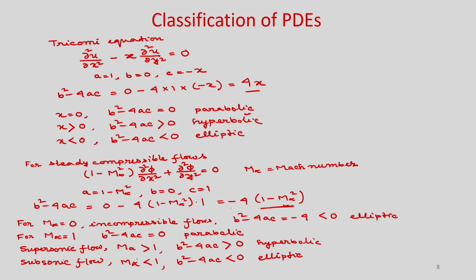But for supersonic and subsonic flow, depending on the value of M infinity, you are getting hyperbolic if M infinity is greater than 1, and if M infinity is less than 1 for subsonic flow, then it will become elliptic.